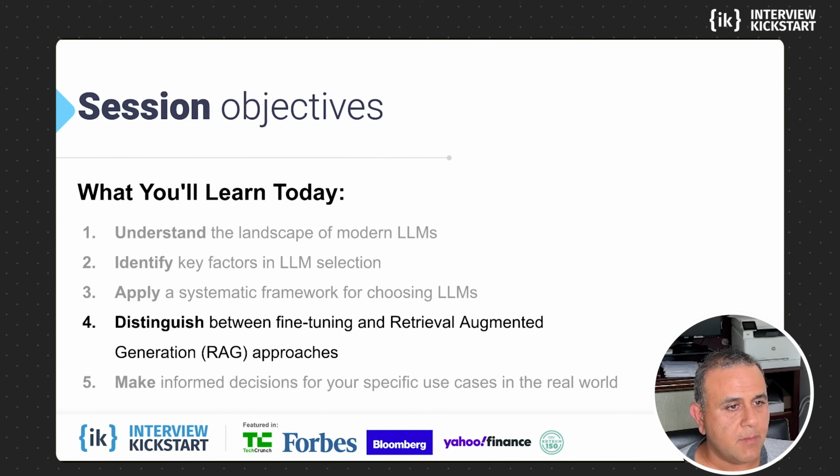What does fine-tuning really mean? And how does that compare and contrast with retrieval-augmented generation? When it comes to taking a model and injecting it with domain-specific knowledge, these are really the 2 broad approaches you have.